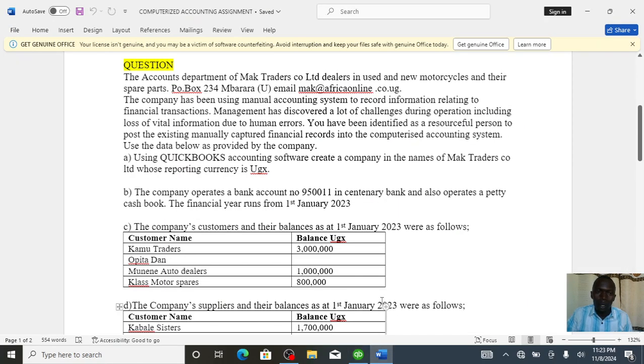We go back to our question. Part B, the company operates a bank account, that one in Centenary Bank.